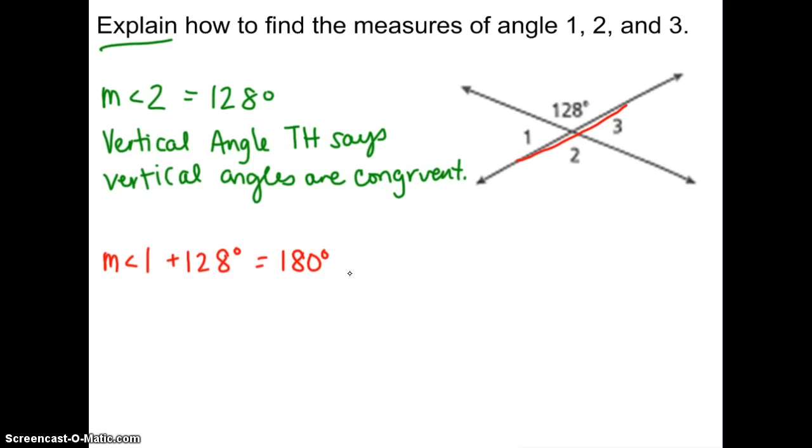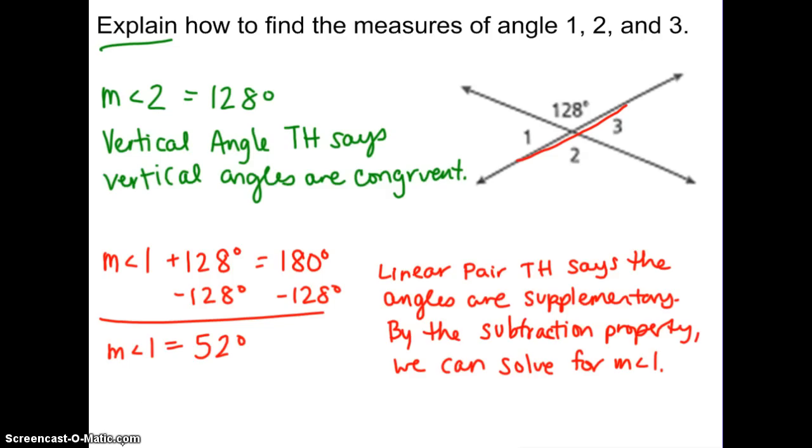So since they add to 180 degrees, I can subtract 128 degrees from both sides, and I get the measure of angle 1 is equal to 52 degrees. Don't forget to write your explanation. Alright, so the linear pair theorem says that the angles here, angle 1 and 128, are supplementary. So by the subtraction property, we can solve for the measure of angle 1.